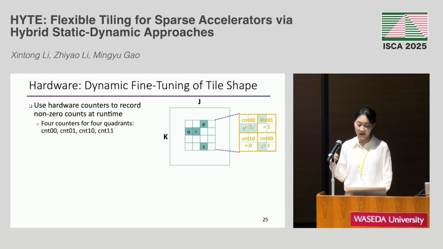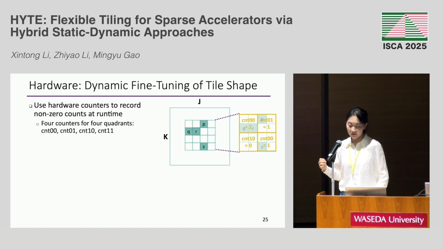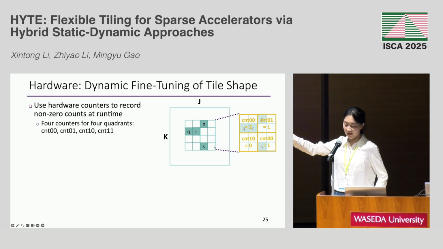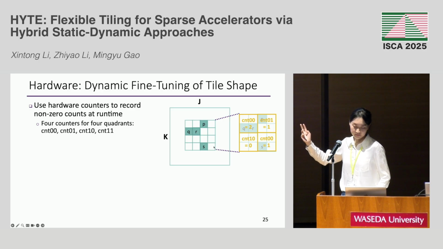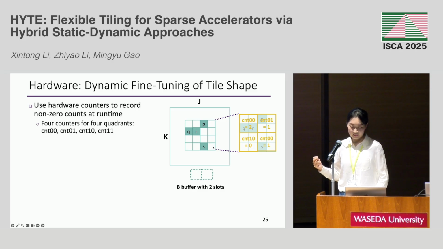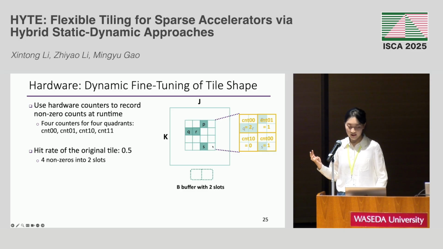To support dynamic fine-tuning, we record the access count of the 4 subtiles within each tile during the execution. In the example, let's assume we have a B buffer with 2 slots. The original tile has 4 non-zero elements, so the hit rate is 0.5, since only 2 out of 4 can fit in the buffer. By using the recorded subtile counters, we can estimate the hit rate if we further tile along the K dimension.